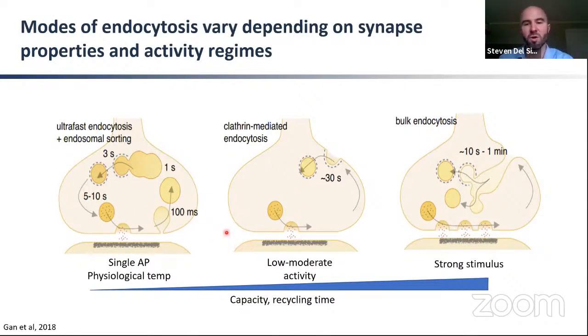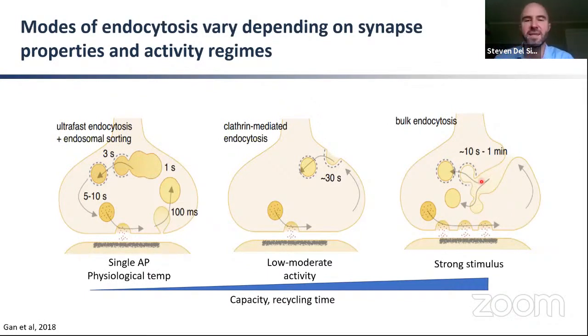Under normal to low moderate activity levels, vesicles can be regenerated by clathrin-mediated endocytosis, which can happen on a time scale of tens of seconds. And then as stimuli increase and vesicle rate and exocytosis begins to increase, additional mechanisms can be engaged, such as bulk endocytosis, which can take up large tracts of membrane and then subsequent vesicle regeneration from those large membrane cisternae.